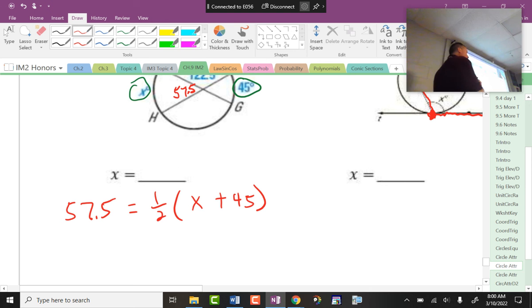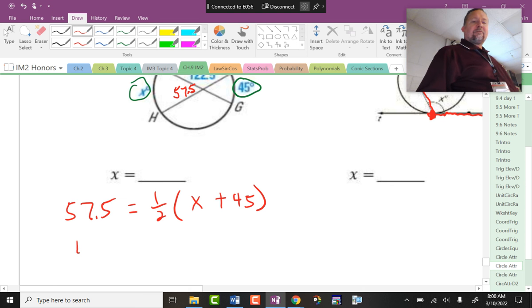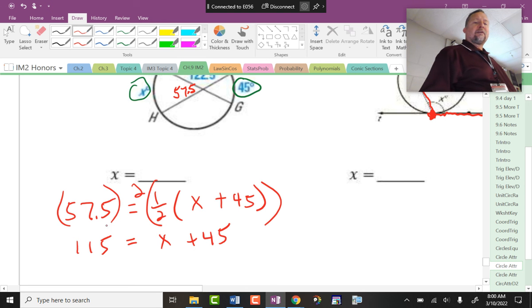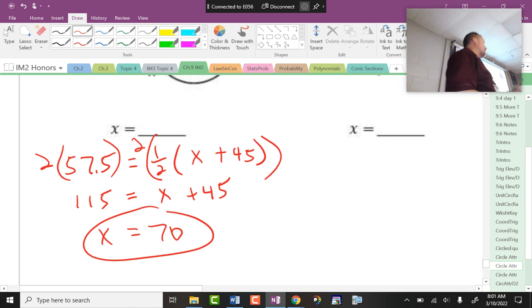So I got one of the unknowns being the arc itself, and it's a sum because it's a chord. 57.5 doubled is 115. 115 equals x plus 45. Again, I think the smartest thing is to take both sides and just multiply by 2 instead of distributing. It doesn't matter. I just think it's slightly easier. Then when you subtract 45, you get x equals 70, I believe. Right? Okay, so that would be good there.